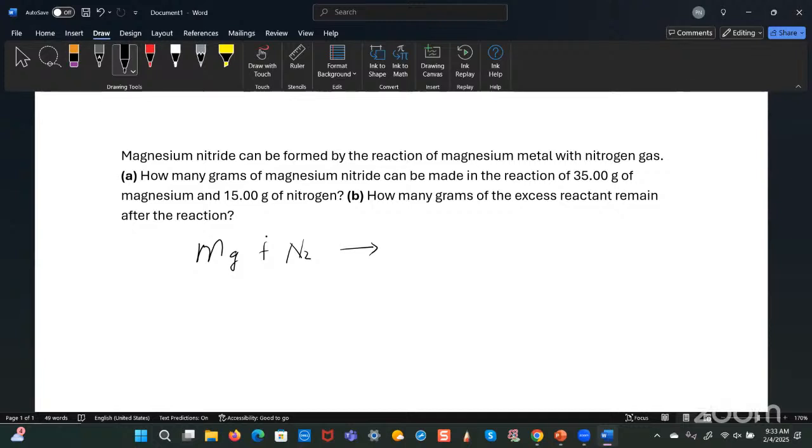You might find a list of common ions in the tables that I've posted on the campus site helpful in this regard. Magnesium nitride, so what's the formula?